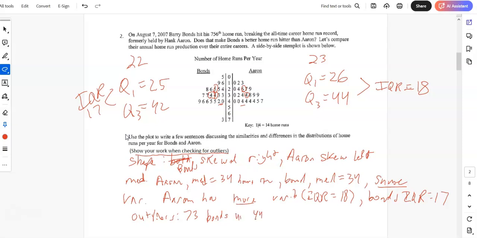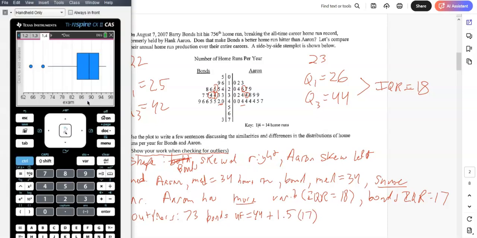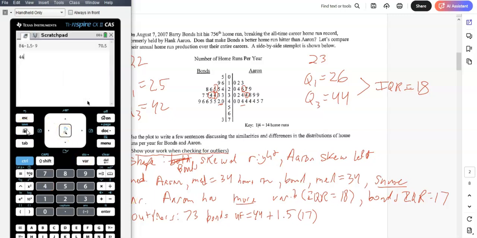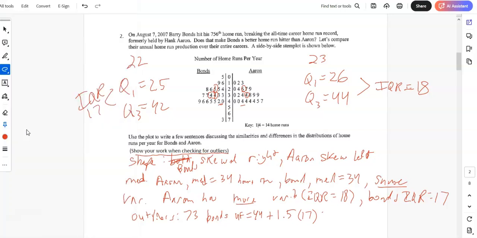So the upper fence equals 44 plus 1.5 times the IQR, which is 17. So 44 plus 1.5 times 17. 69.5.